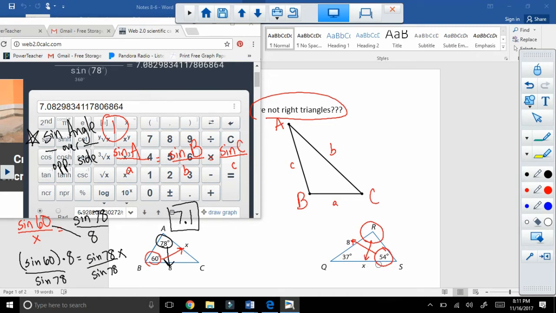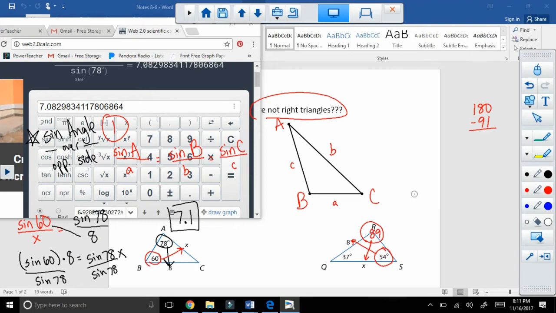It's not too big of a problem though, because I can always find this angle when I have those two. So I would add those two up, and when I add those up I get 91, and I'm going to take that away from 180. So angle R is 89 degrees.